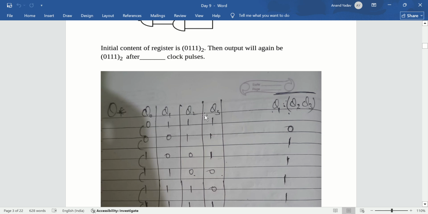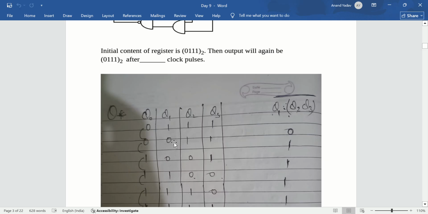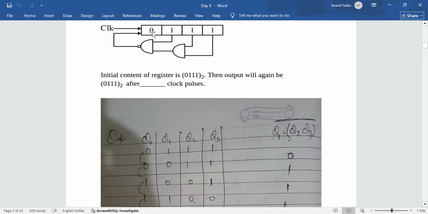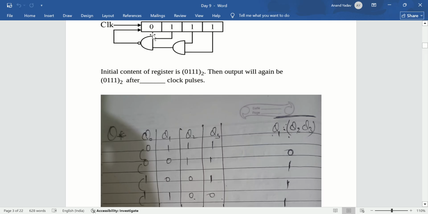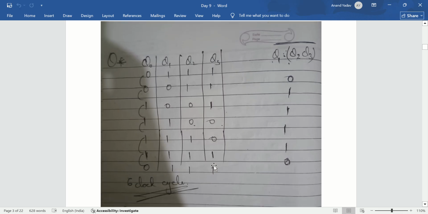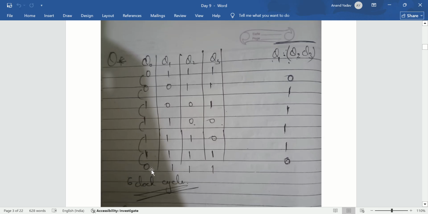After the AND operation of Q2 and Q3, and then the AND operation with Q1, and then the NOT, I will get 0. So here we will get 0, and then 0 is shifted towards the first Q naught place. So it will be shifted. So after 6 clock cycles I will get the same state. So for this question the answer is 6 clock cycles.